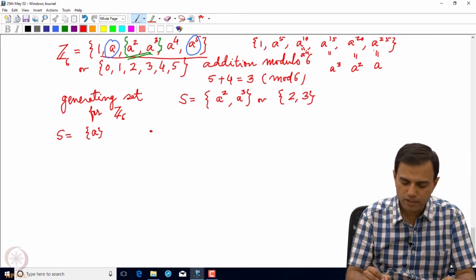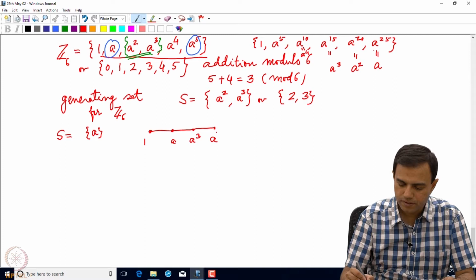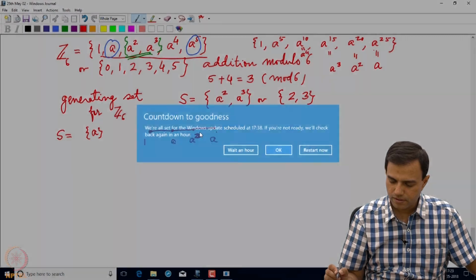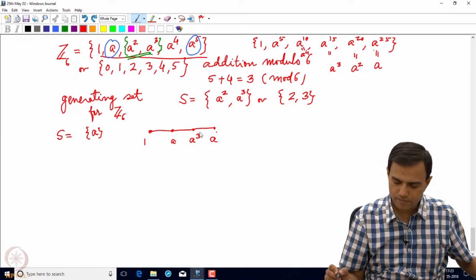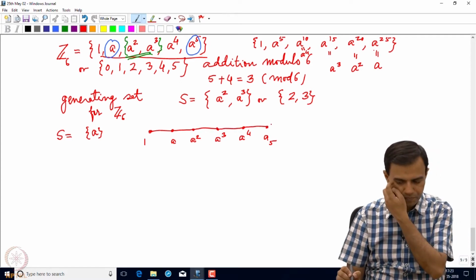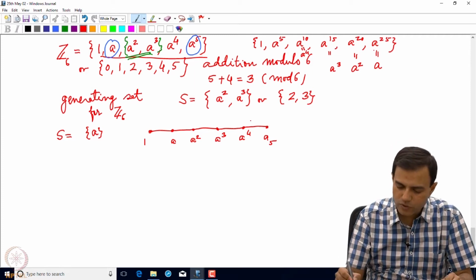I have 1, I have A, I have A square, A cube, A raised to the power 4, A raised to the power 5, like this. And then do I connect A raised to the power 5 with 1?